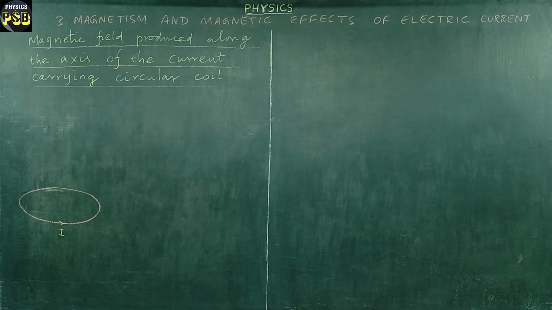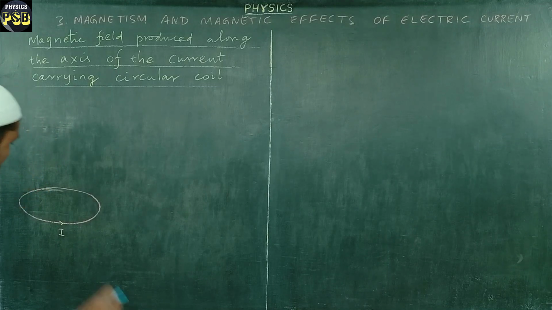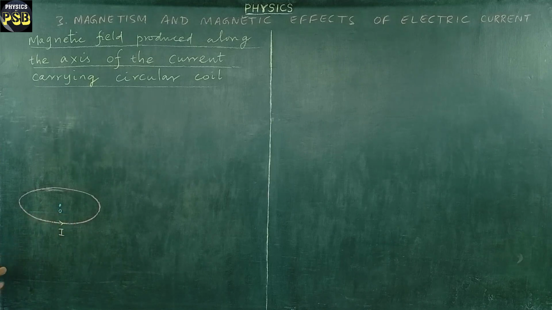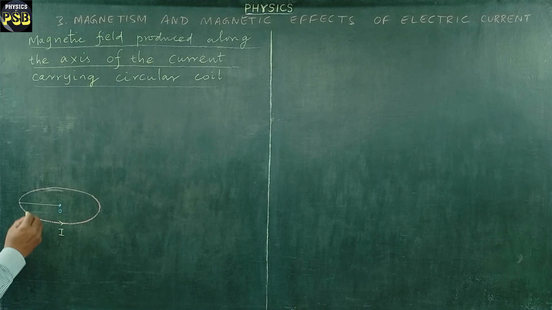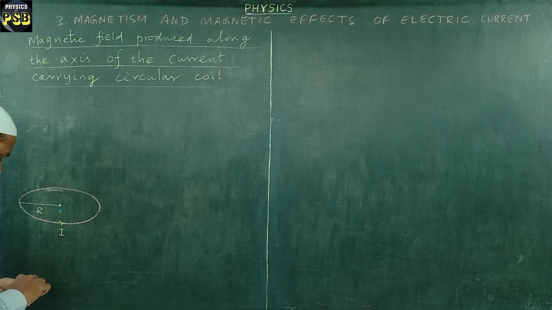Then this circular coil has a center at point O. This is the center. I connect the center to the circle, and what I obtain is nothing but the radius R. And I do the same thing with this side as well.